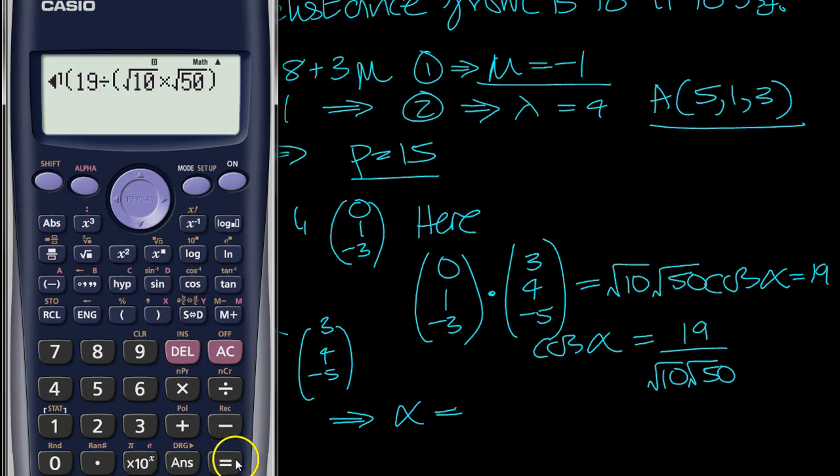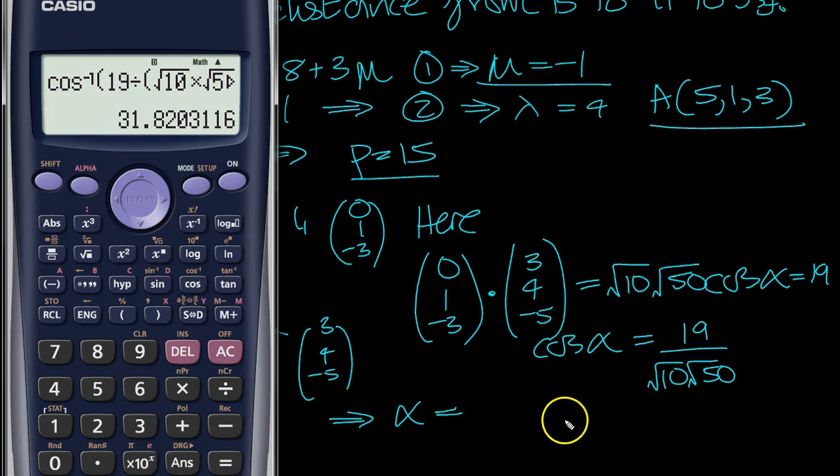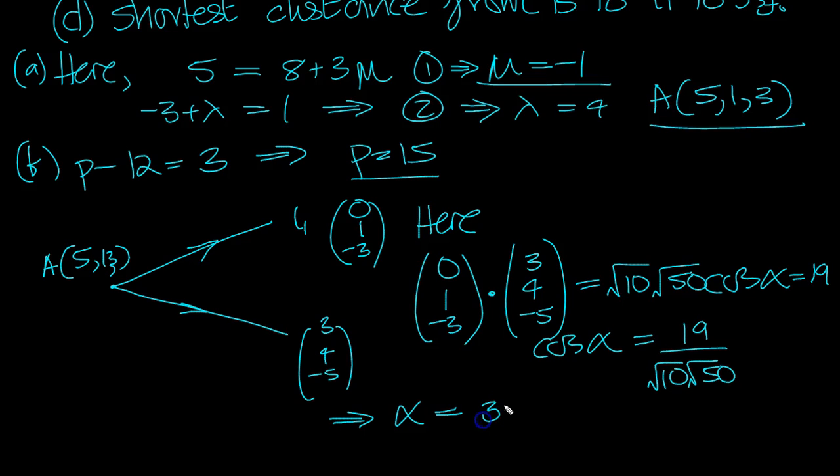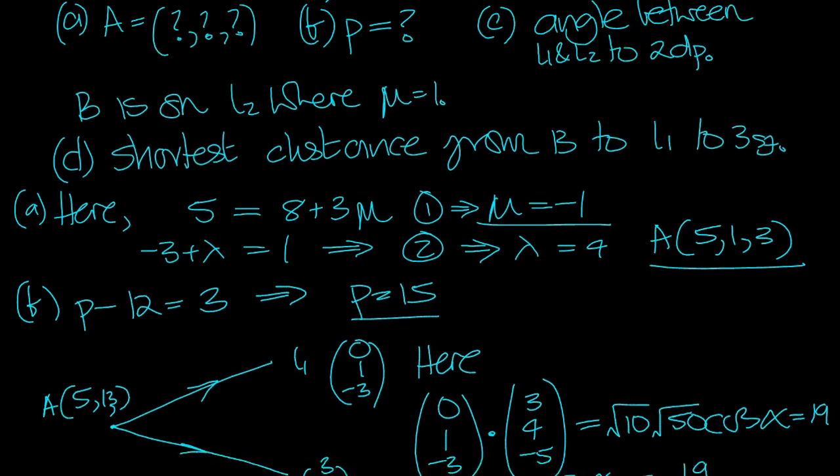Close the bracket, equals 31.82, that's to 2dp. 31.82 degrees, and that was to 2 decimal places, so that's what it asked us to work it out to.